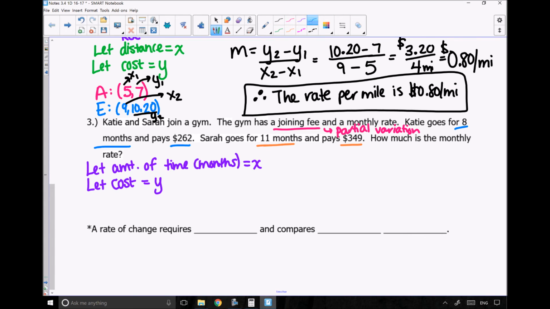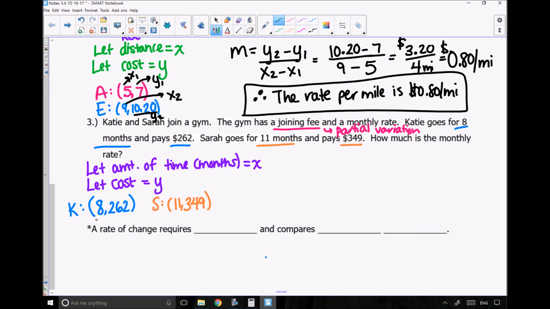So let's go ahead and write out Katie's information as a coordinate. We always do x, which is time, followed by y, which is cost in this example. So Katie's time is 8 months, and her cost is $262. So this one is Katie's information as a coordinate. Okay, then we have Sarah, and her time was 11 months, and she paid $349.